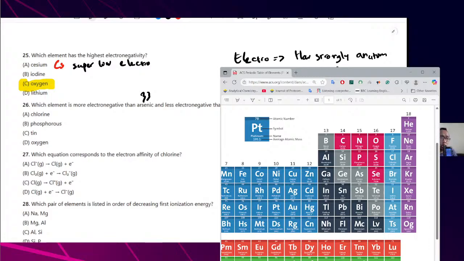And less electronegative than sulfur means we have to go down, or go left. So let's break this down one by one.